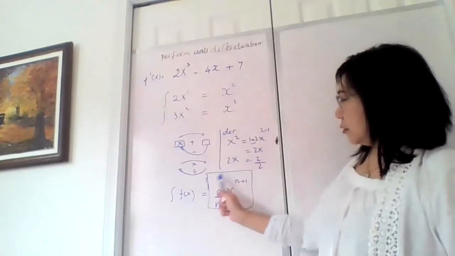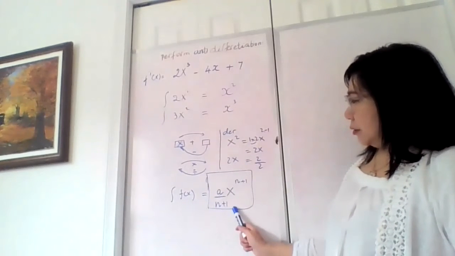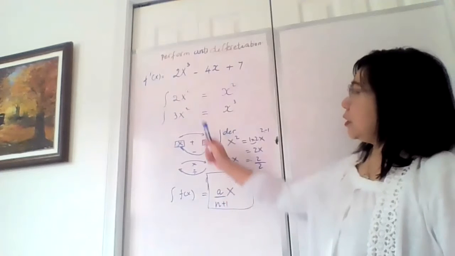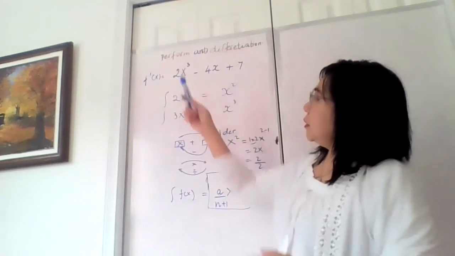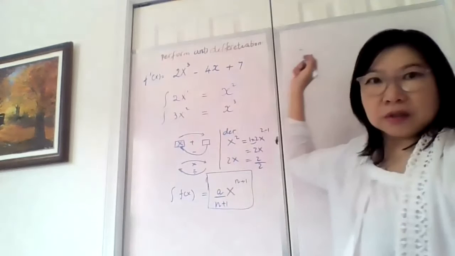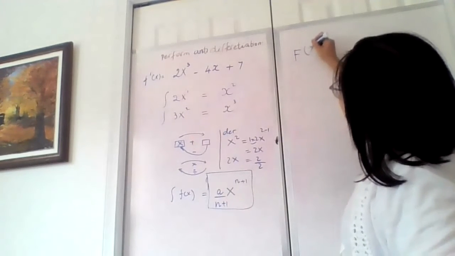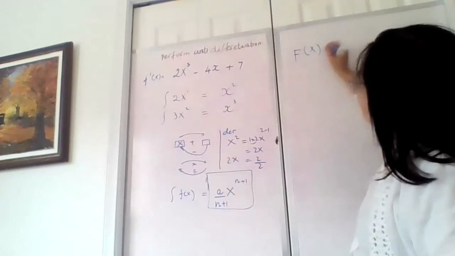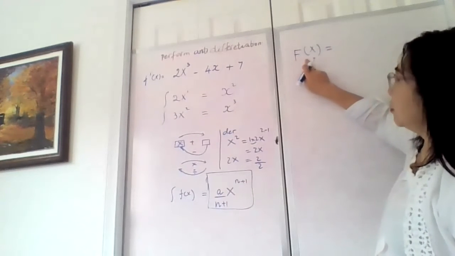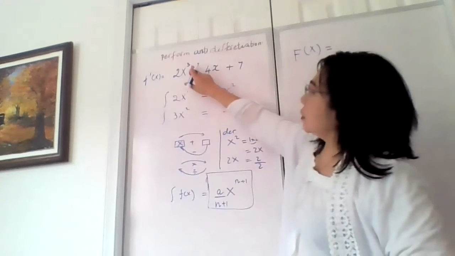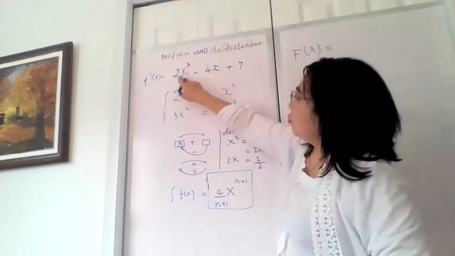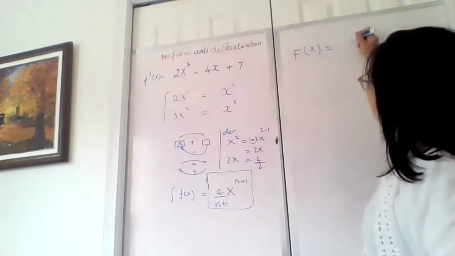So let's use this rule, the formula here, to do the antiderivative of this function. This function, instead of f prime of x, will now become an original function f of x. So let's follow this. We add 1 to the power, so x to the power 3 becomes x to the power 4, and we divide by 4.